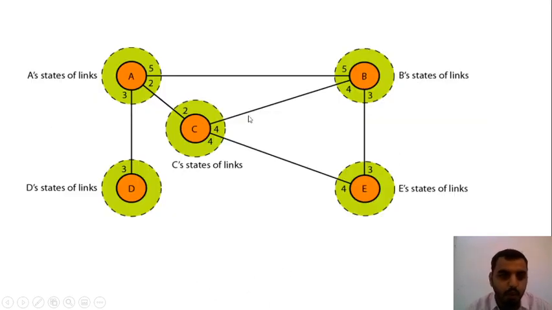Now see, when this state has been created, it will flood to all of the connecting nodes: this will flood to B, this will flood to C, this will flood to D. So the information of this router A or node A will be stored within B, C and D. Why? Because A is connected to node B, node C and node D. So this will be flooded.